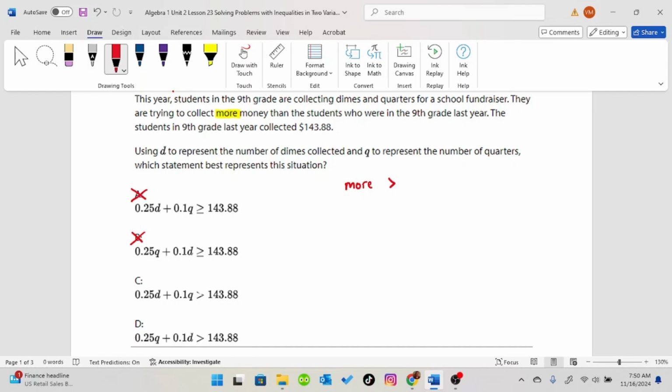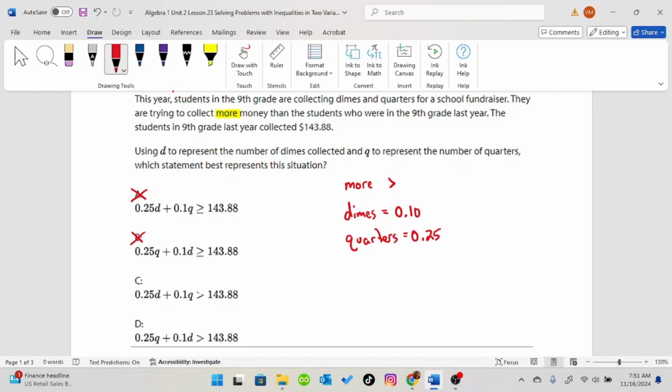But now we need to pay attention to what number is matched up with what variable. So what we need to remember is that dimes are worth 10 cents and that quarters are worth 25 cents.